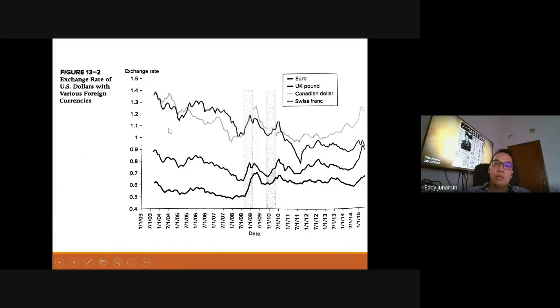It's quite, of course, volatile from time to time, especially when there is a financial crisis in a certain region, then you will see a skyrocketing or a plunge in certain currencies, right? That's unavoidable because currencies are just following the demand and supply mechanism.